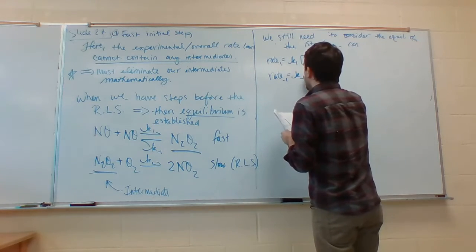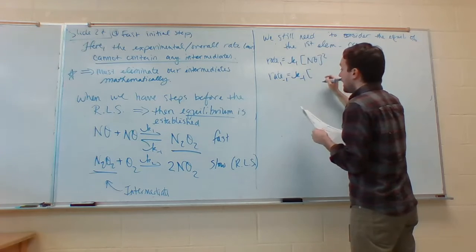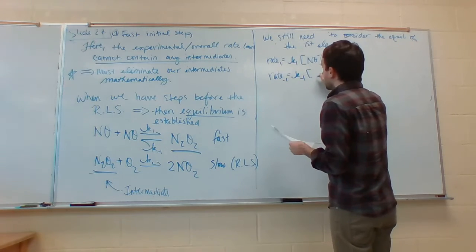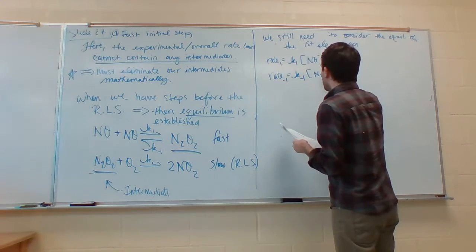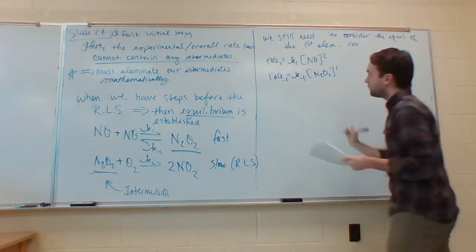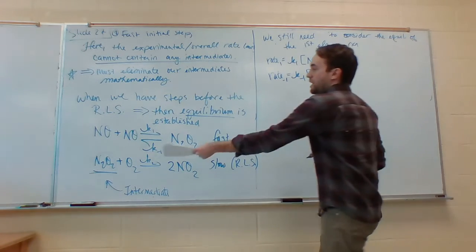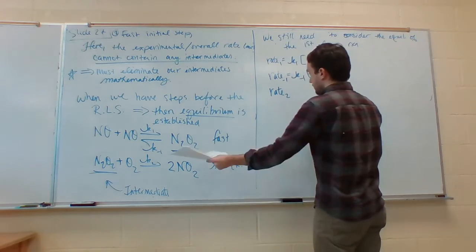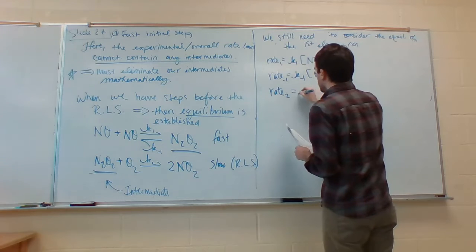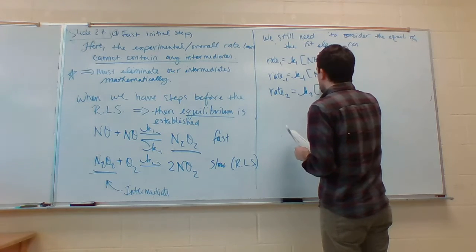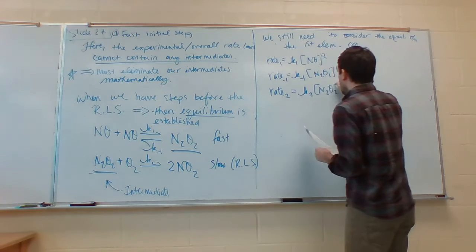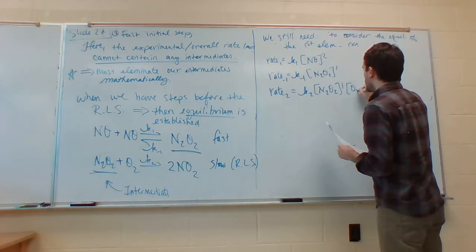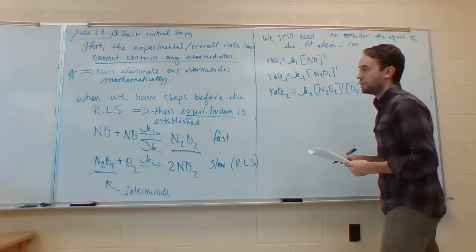This would be K -1 times my concentration of N2O2 to the first, okay? And then I have my rate law for the second reaction, right? So my rate 2 is equal to K2 times my concentration of N2O2 to the first times my concentration of oxygen to the first, okay?